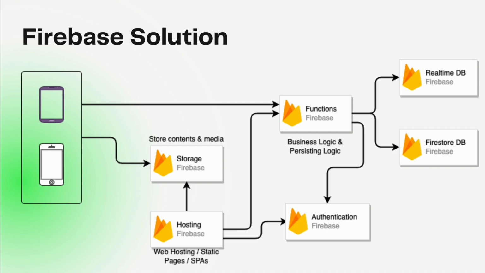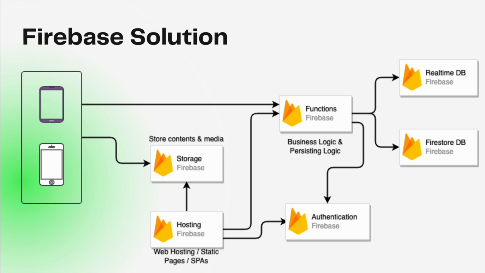Next comes the storage. Be it your mobile app or a web app where you need to store any media contents like pictures, images, videos, then you could leverage Firebase storage. From the mobile app and from the web app, you can directly integrate with Firebase storage to store all the media contents.